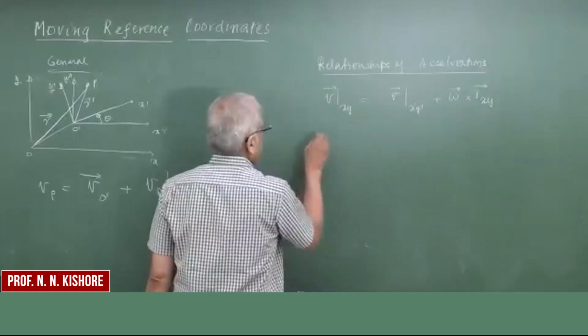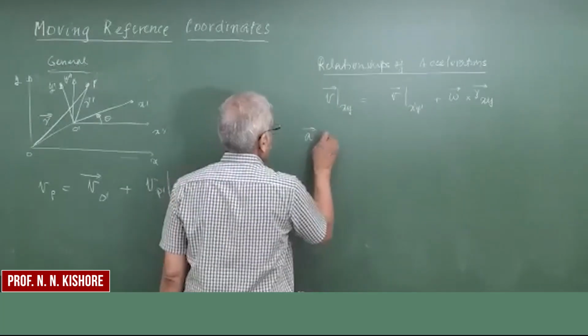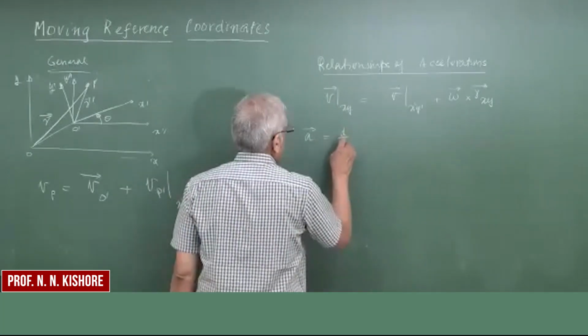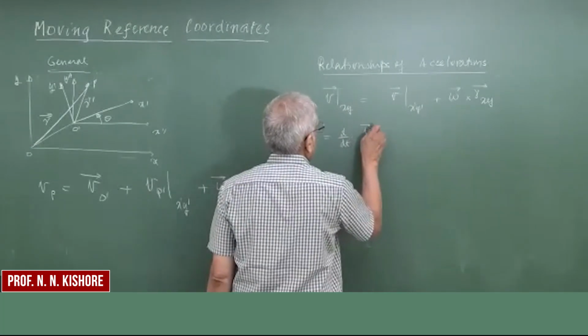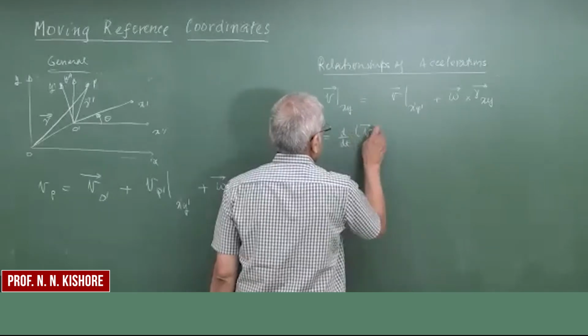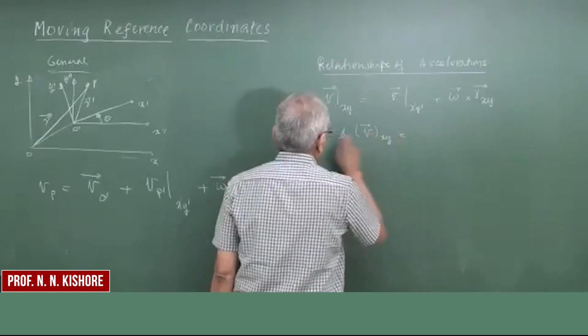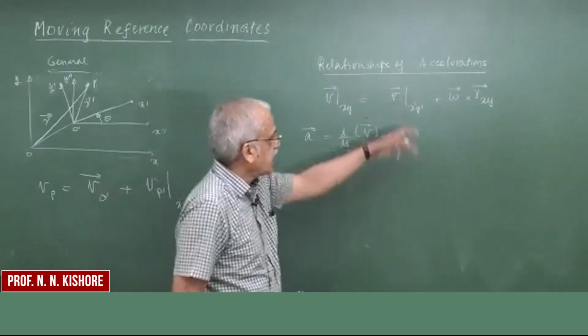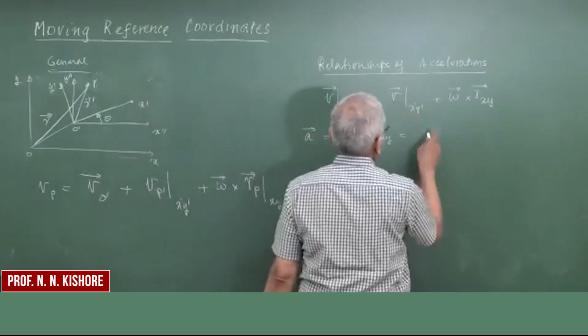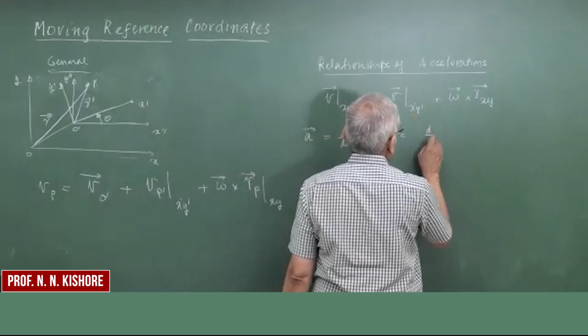Now if we want to go to accelerations, then we need d dt of this. This is a fixed frame, right? So this is the absolute acceleration in the fixed frame.